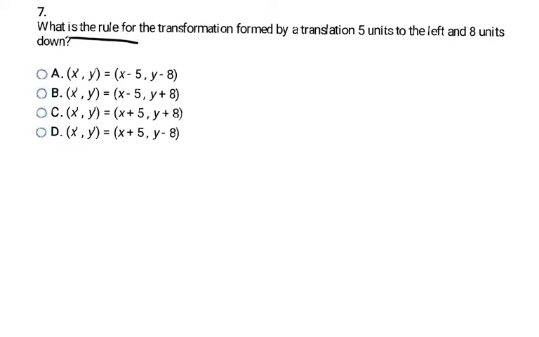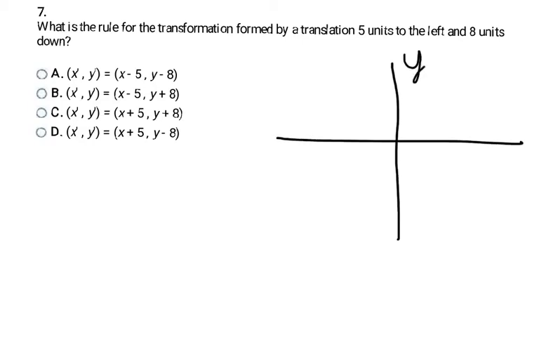So what is the rule for the transformation formed by a translation 5 units to the left and 8 units down? So if you think about your x and y axis, you have your y-axis is your vertical and your x-axis is your horizontal. So the left and right, that's going to be along the x-axis. So if you're going 5 units to the left, you're going more negative.